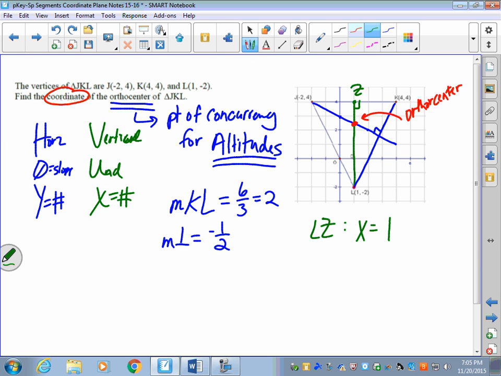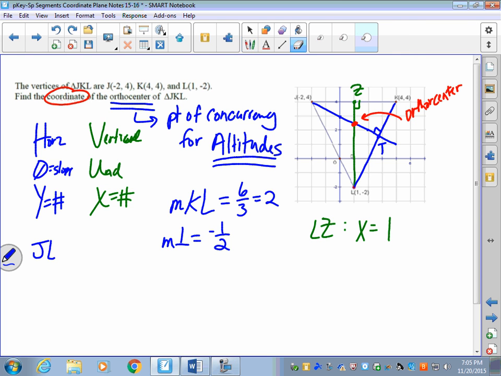I know what x equals. Now, if I go ahead and find the equation of my blue altitude, let's add the point T. So if I do the equation from J to T, I'm going to use the vertex, which is J. J is (-2, 4).